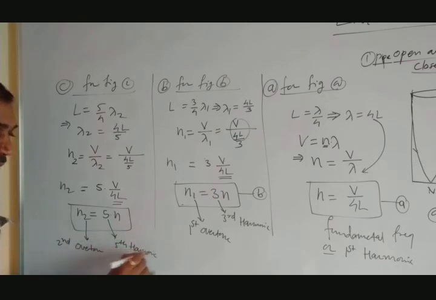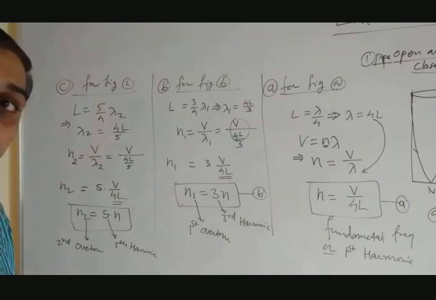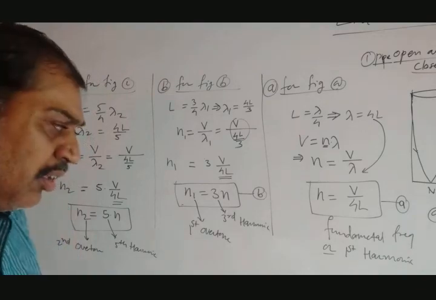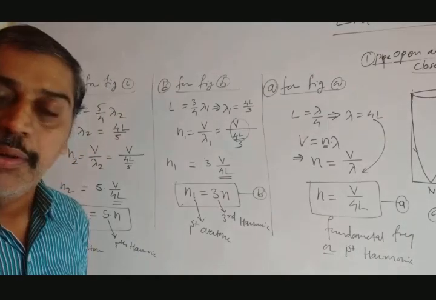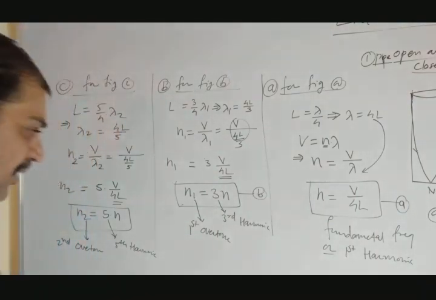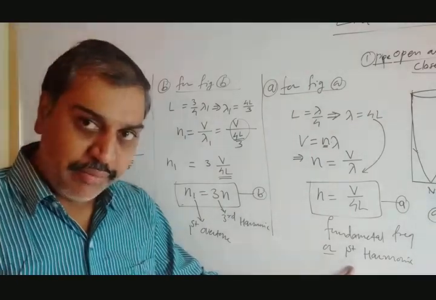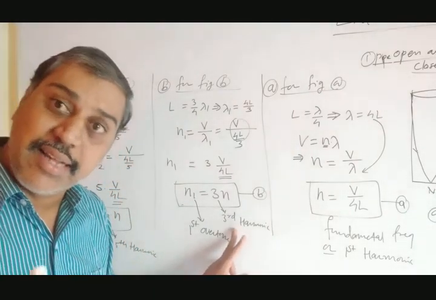Now consider the words we used when we saw the definition of harmonics and overtones. Harmonics may be present in the sound, may not be present in the sound, but overtones are always present in the sound. What is the meaning of this? See, it is first harmonic, then directly third harmonic. Where is the second? Second is absent.